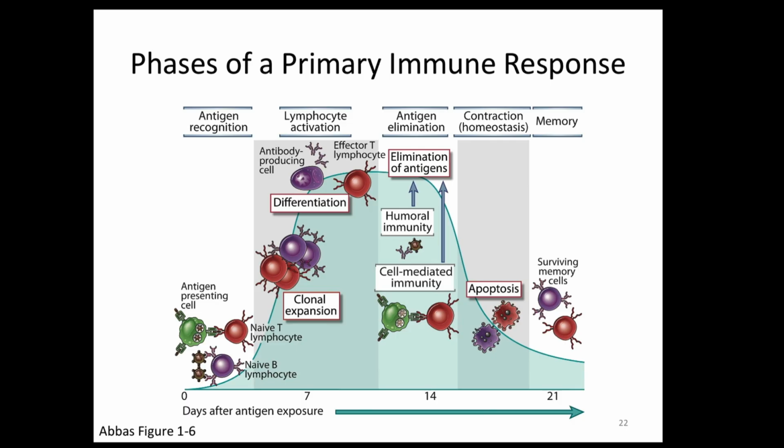You turn them on, they all go from naive to either effector or memory. The effectors die, and only the memories are left after this process. And so this process is known as the contraction phase of the immune response. And the contraction phase is actually extremely important.